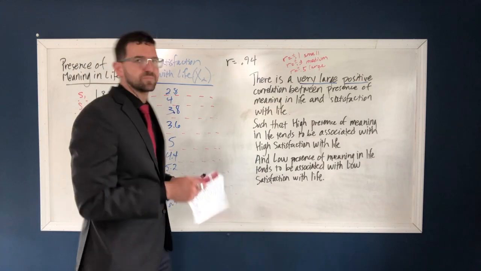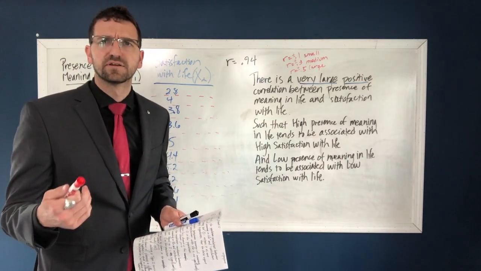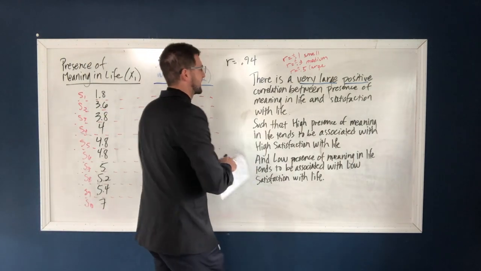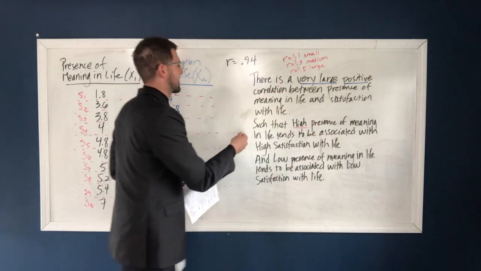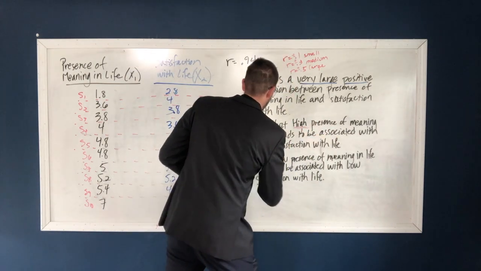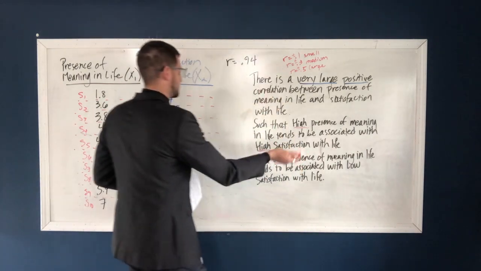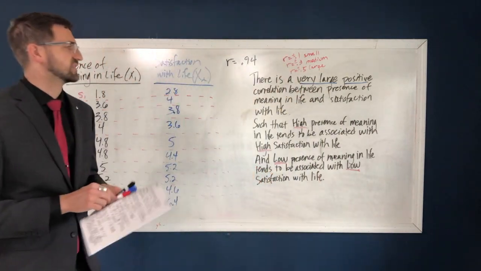Now for this last part, it's explaining what a positive correlation looks like in terms of these two variables. High presence of meaning in life tends to be associated with high satisfaction with life, and low presence of meaning in life tends to be associated with low satisfaction with life.